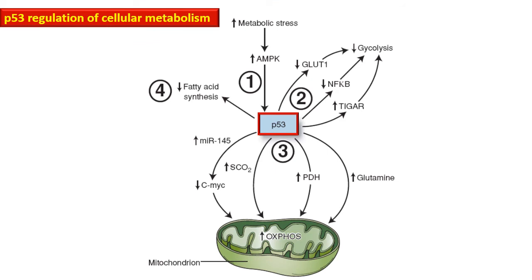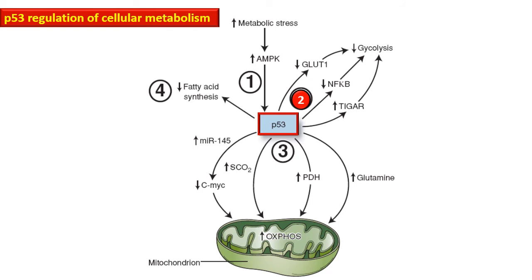This picture is showing the regulation of cellular metabolism by P53. Besides its other functions, P53 is a critical metabolic regulator. It is activated by increased metabolic stress that will result in increased adenosine monophosphate protein kinase, or AMP kinase, that will activate P53.